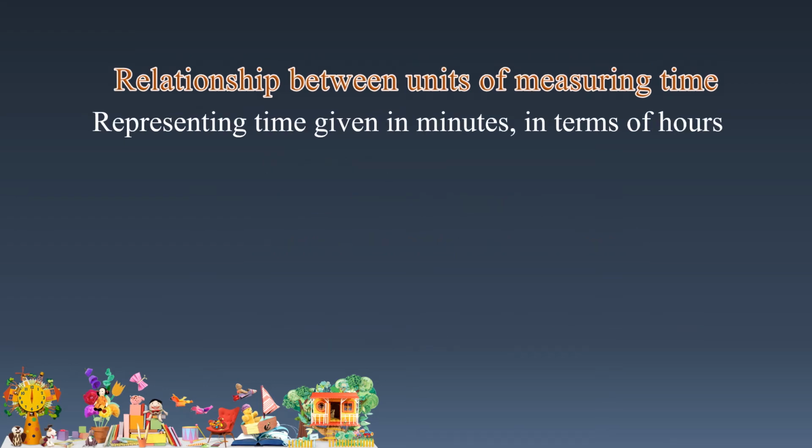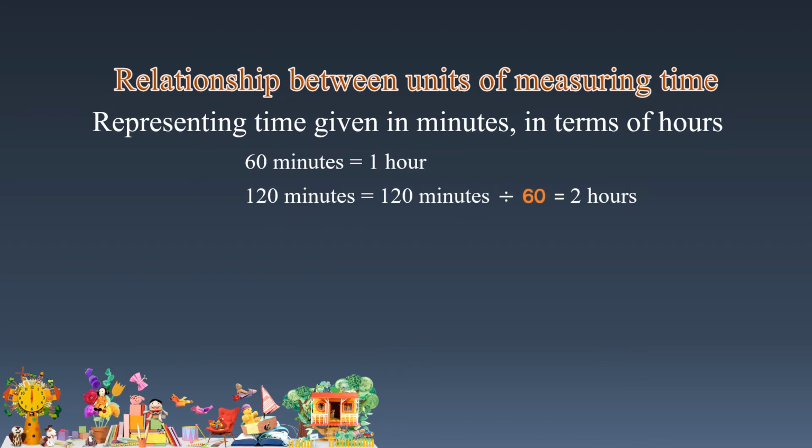If the time is given in minutes, how to write it in terms of hours? That is what we are going to find now. So we know that 60 minutes means 1 hour. So if we want to find how many hours are there in 120 minutes, what should we do? We have to divide 120 minutes by 60. So we can get the answer as 2 hours.